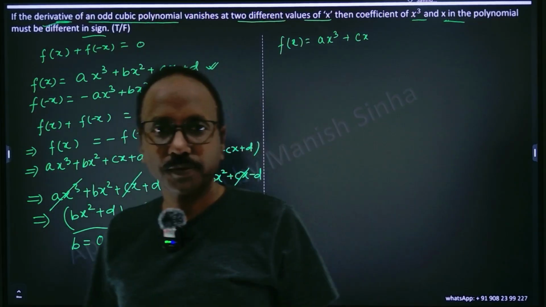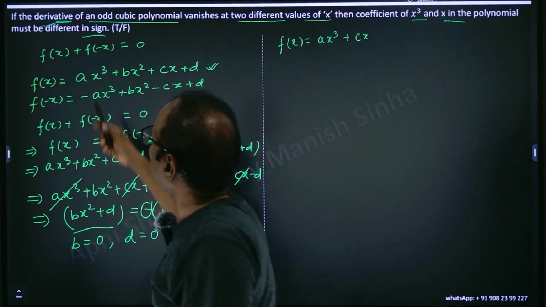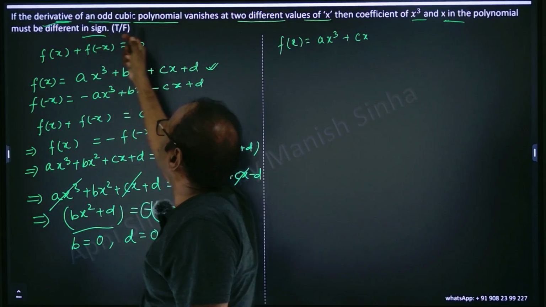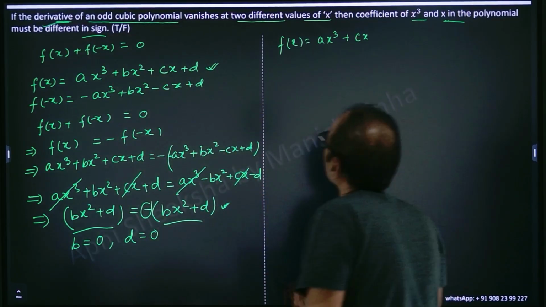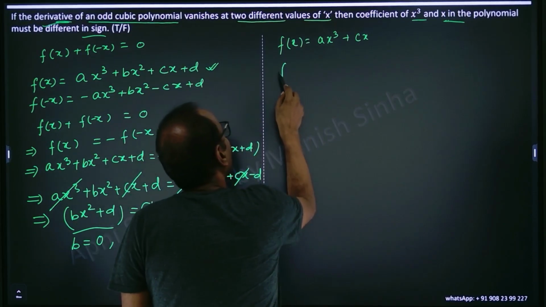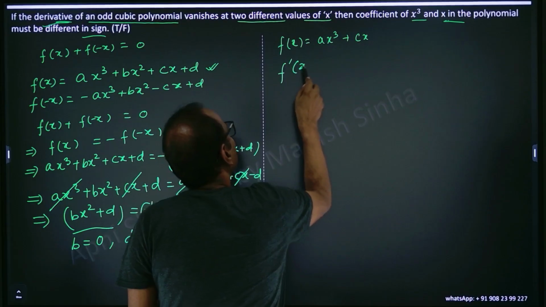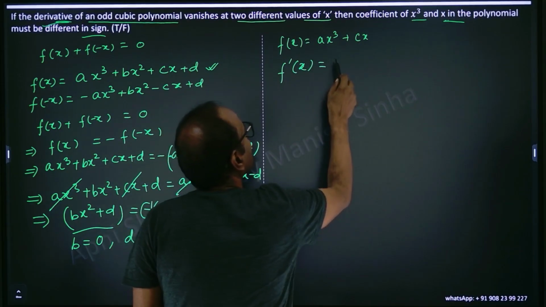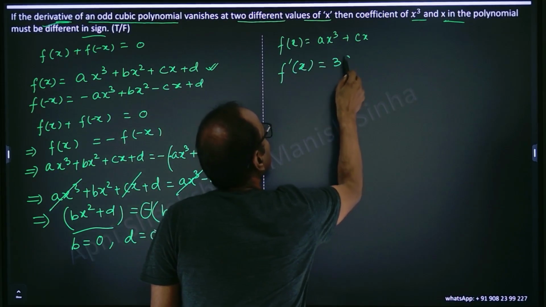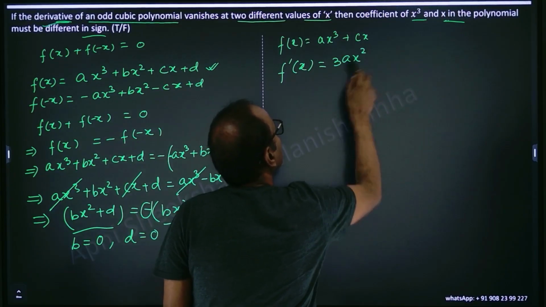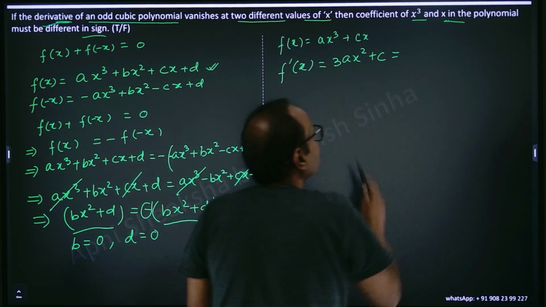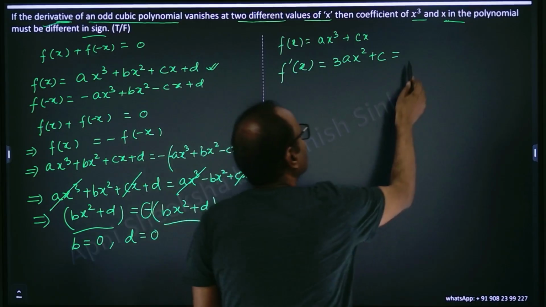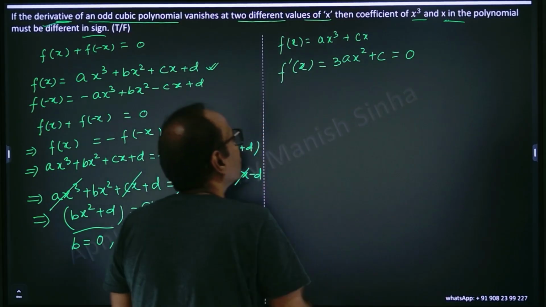Now, the question is saying the derivative of this odd cubic polynomial vanishes at two different points. So what we will do? We will take the derivative f dash x, that is 3ax square plus c, and this will vanish at two different points, so it should be equal to 0.